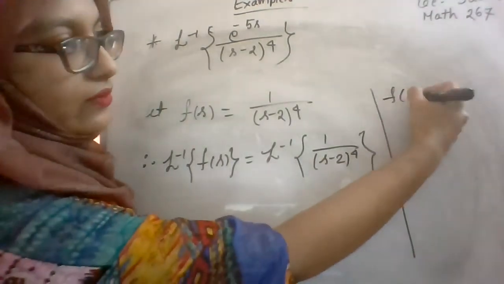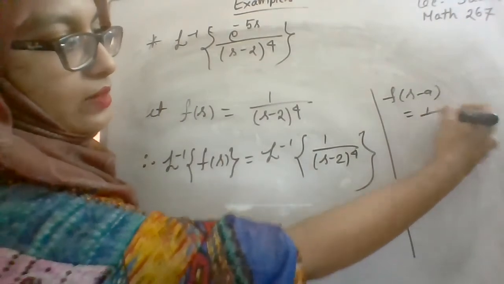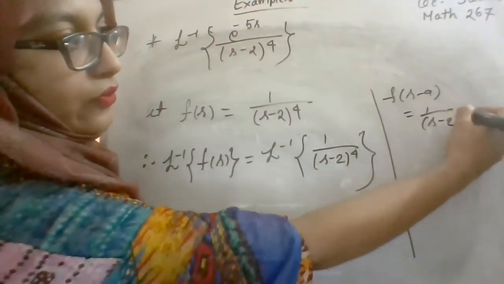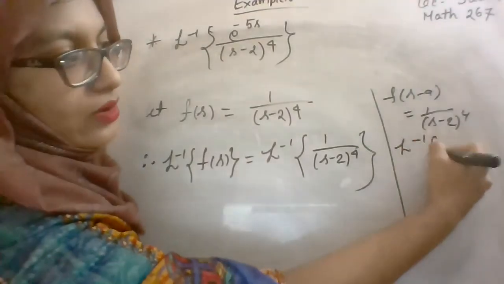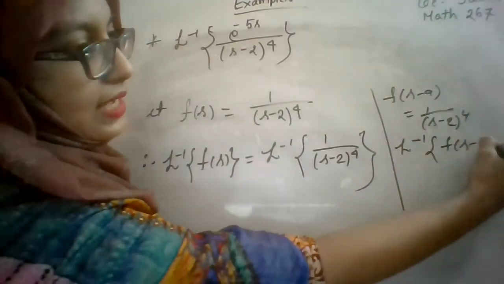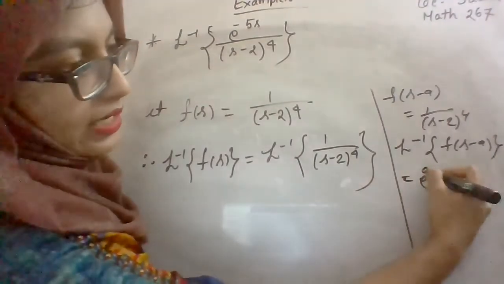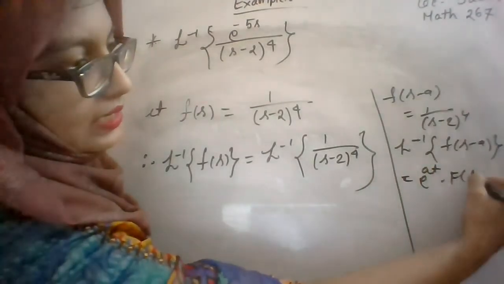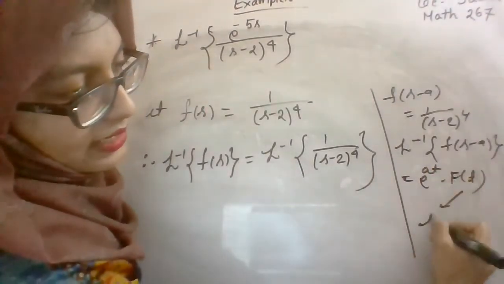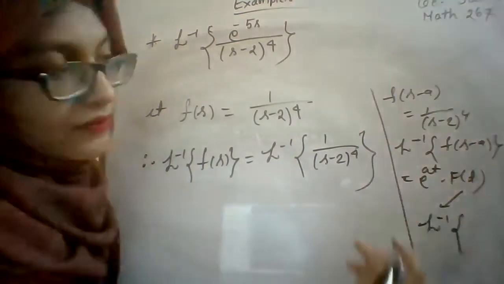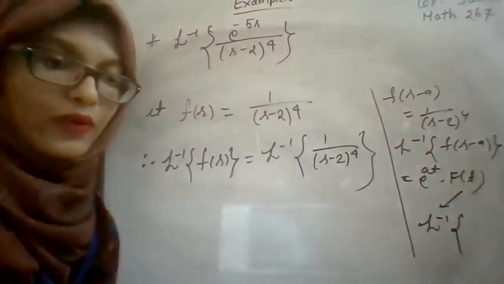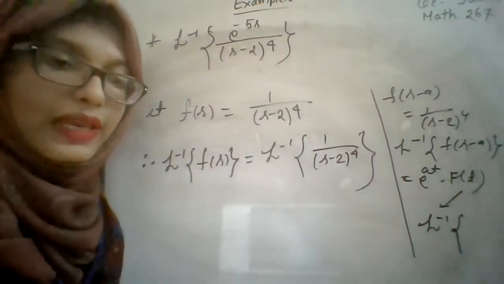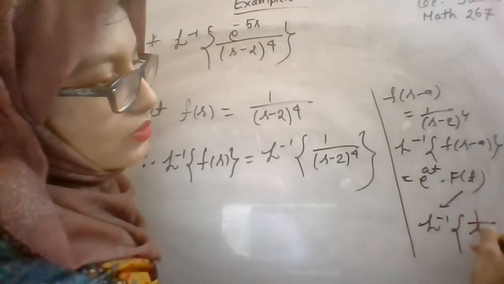That means f of s minus a is equal to 1 by s minus 2 to the power 4. And the inverse Laplace transformation of f of s minus a is equal to e to the power at f of t, and your f of t is the inverse Laplace transformation of f of s. If you want to convert this 1 by s minus 2 to the power 4 as f of s, then it will be 1 by s to the power 4.